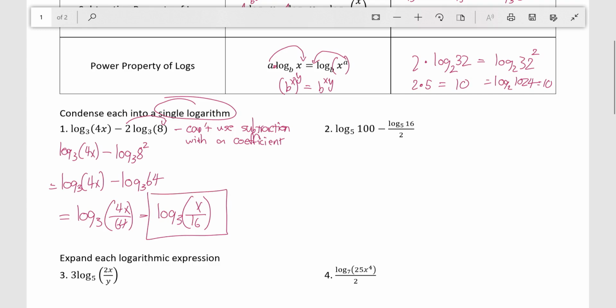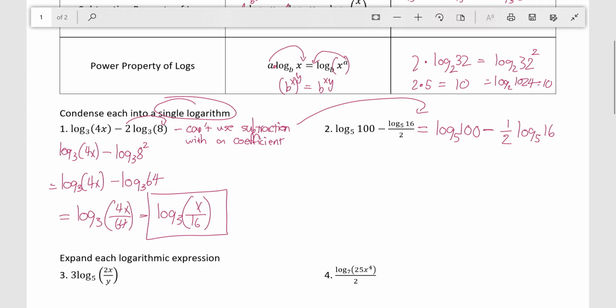So the second one, I have log base 5 of 100 minus log base 5 of 16, all over 2. Again, the same thing is going to apply here. I can't use the subtraction property here, because it's divided by 2. But another way to write something divided by 2, and an easier way if we're dealing with logs, is 1/2 times log base 5 of 16.